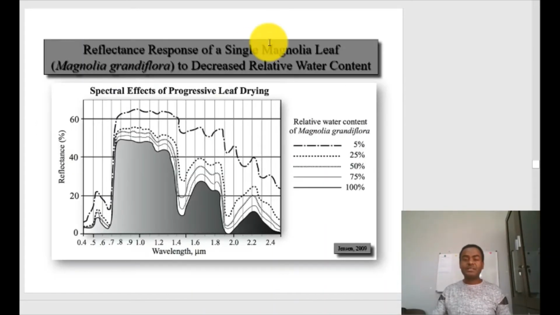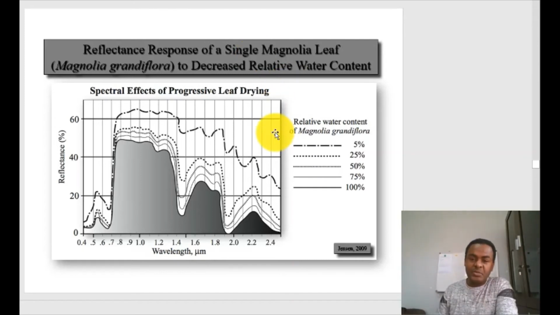There are different factors that are responsible for the change of this original reflectance curve, depending on the water content, for example. This is the original healthy green vegetation spectral signature. The relative water content of a leaf may affect this signature. For example, a 5% water content of leaf and 100%: as you go down to this, the amount of water content in the leaf increases.